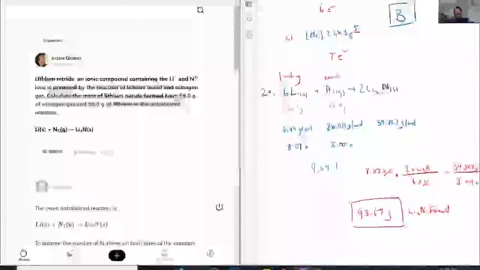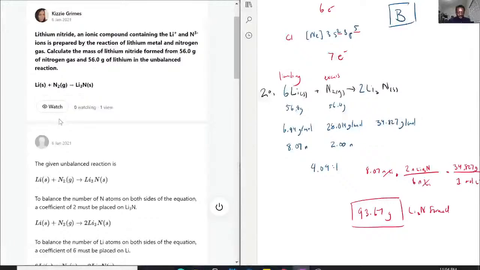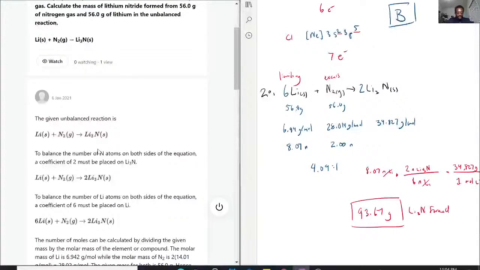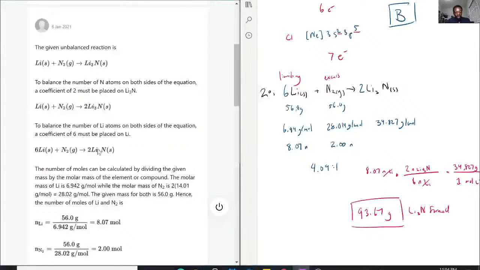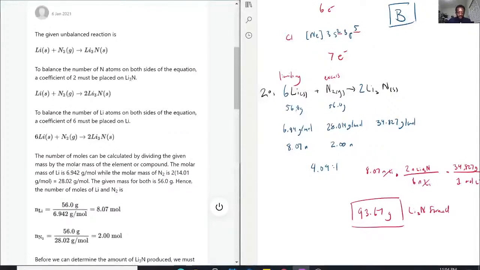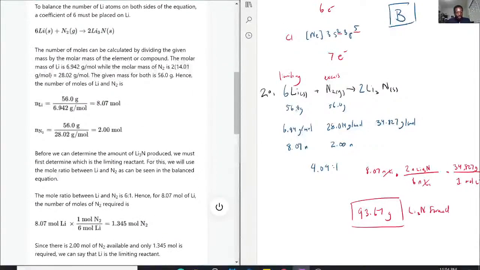So let's see how our colleague did. We have the unbalanced equation as they were trying to solve it as well. Based on the balancing, they got 6 and the 2, which is perfect. That's what we wanted. And then we see the 8.07, nice, and the 2. So far we're good.